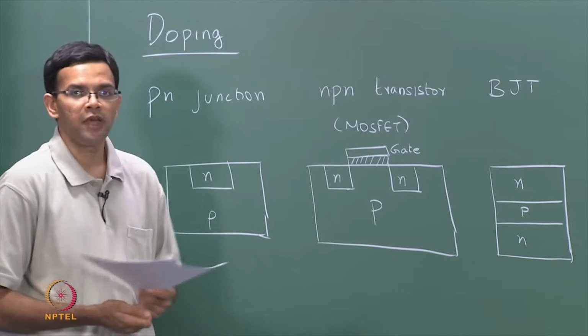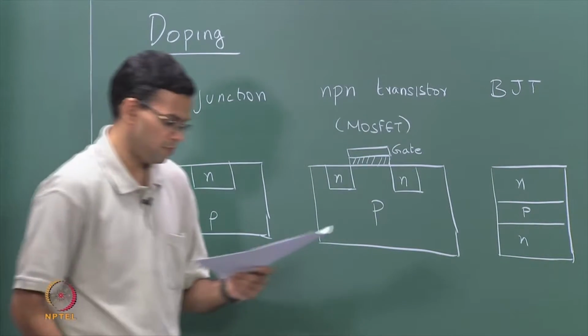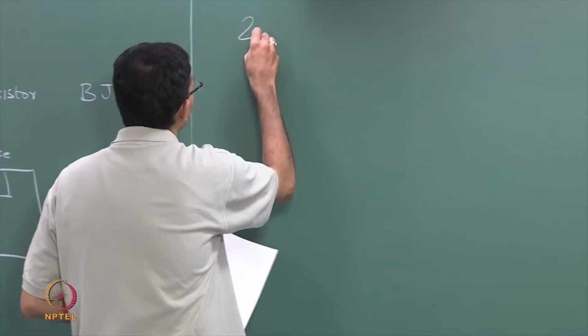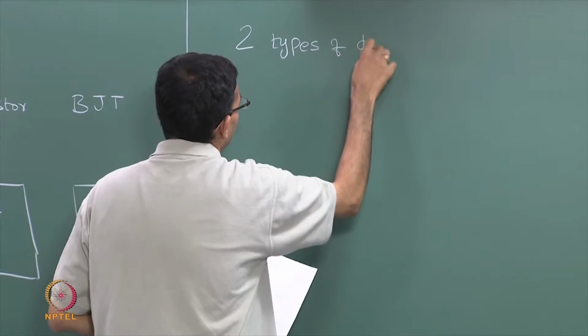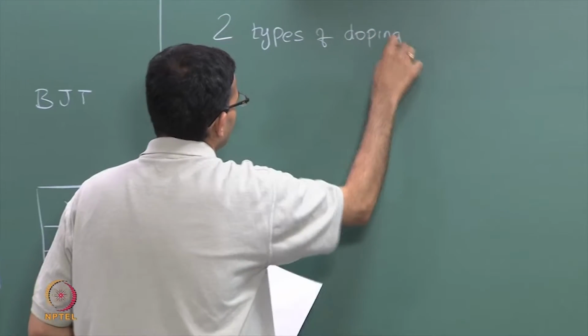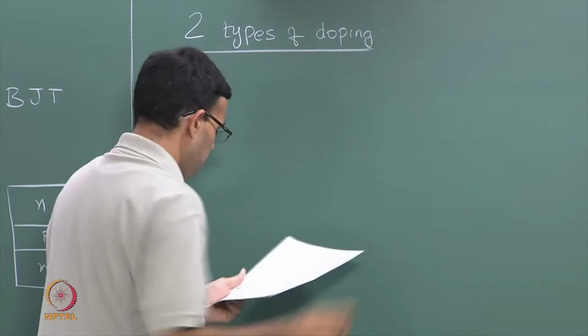There are essentially two ways doping is carried out. We saw this briefly when we were looking at the overview of the IC fabrication process.